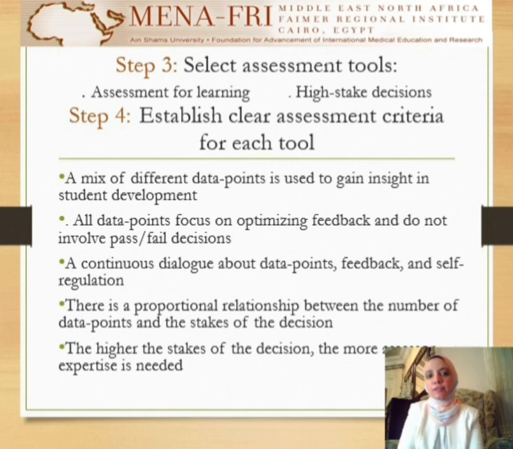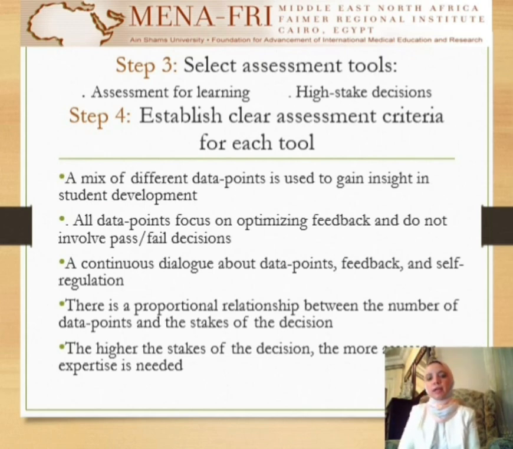So we have different and multiple data points for the student or for the candidate. We have also to establish clear assessment criteria for each tool, which means we have to set the magnitude or the value of each tool we are using. All data points have to focus on feedback, not only the assessment, not a fail or pass decision.